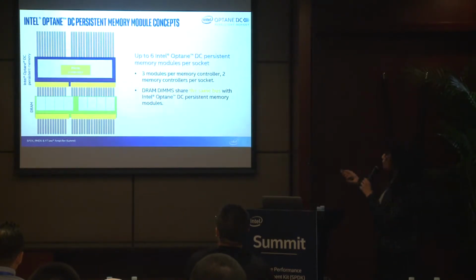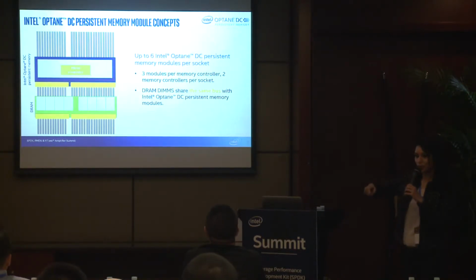Okay, so this is another very important concept that you need to be aware of. In this picture, what I'm trying to show is that you have your DRAM DIMM and you have persistent memory DIMM on the same channel, right? What that implies is that your hardware resources are going to be shared between these two, so your bandwidth is going to be limited by this. If you have data going to DRAM and persistent memory, you're going to be sharing the bandwidth there.